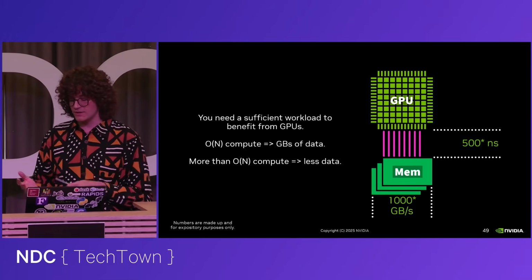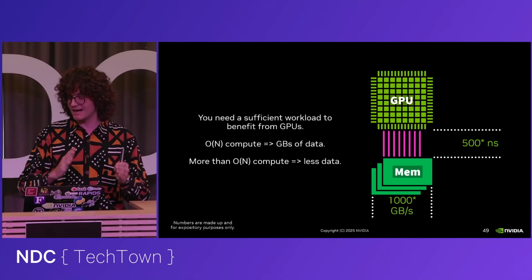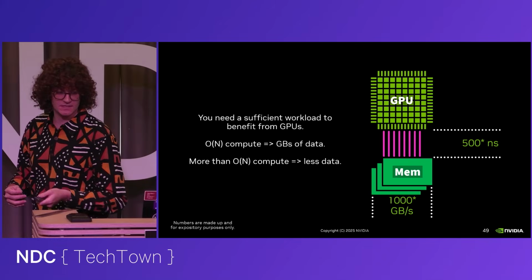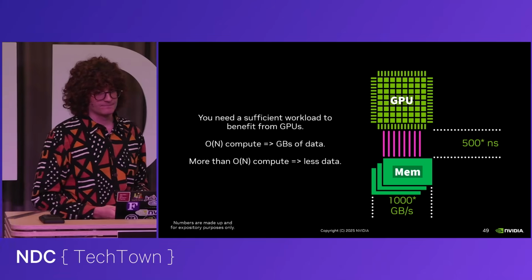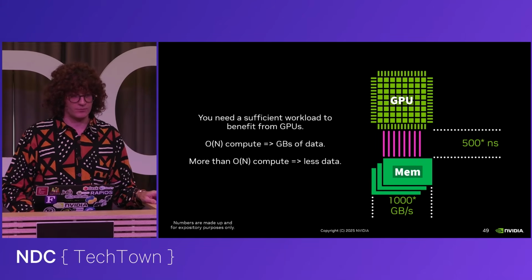If you're doing more than O(n) compute, or if your O(n) has a really big constant factor, so if you're doing something like sorting or matrix multiplication, which is n squared, then you'll see speedups with less data. So that's the typical guidance we give for the cutoff point.